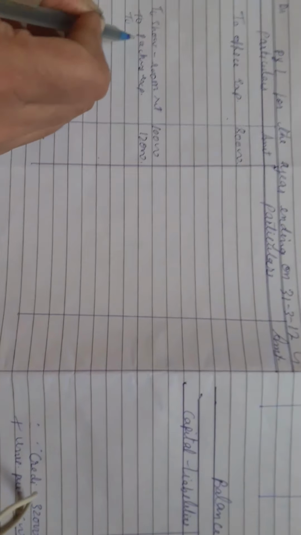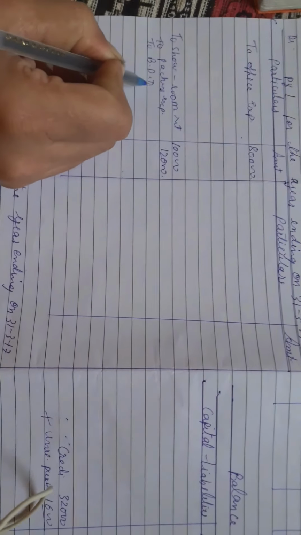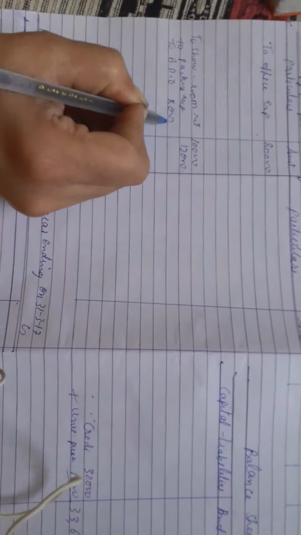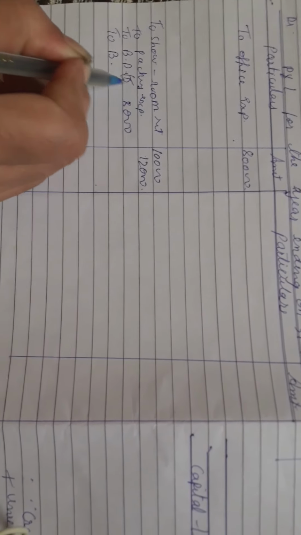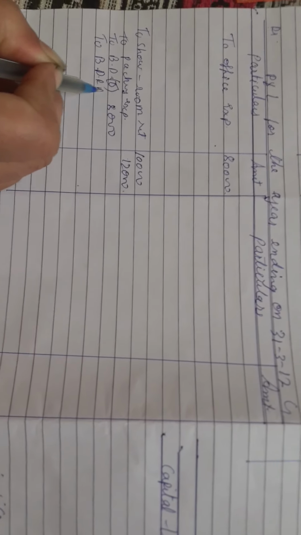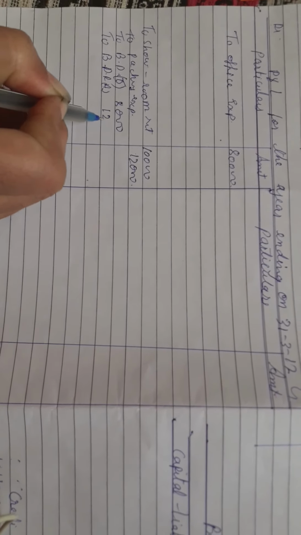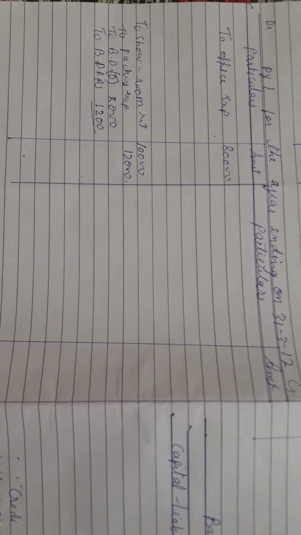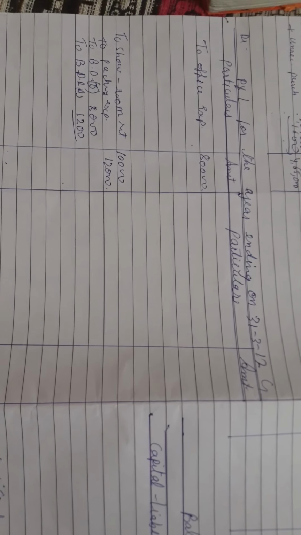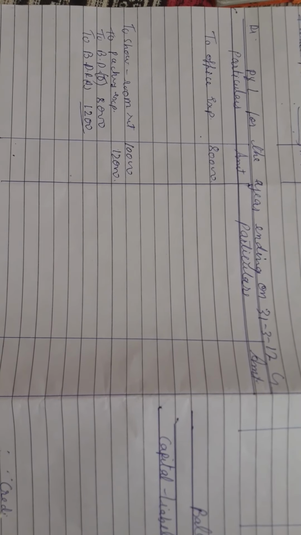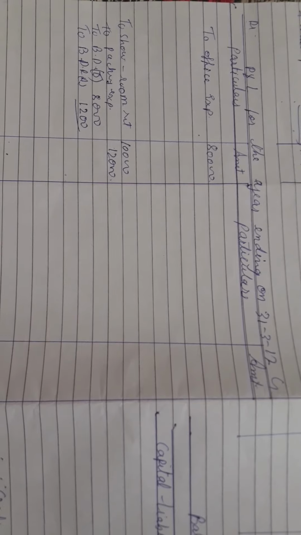Then afterward it is bad debt. I told you a bad debt adjustment entry is also there. Bad debt in the trial balance is 8,000, and the BDR adjustment given in the question is 1,200. That is the 5th adjustment entry.